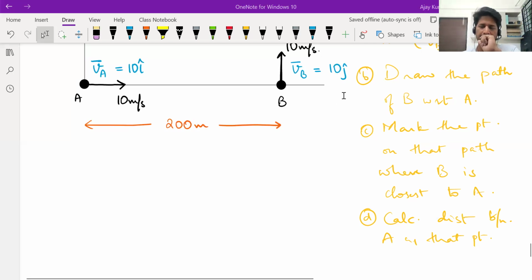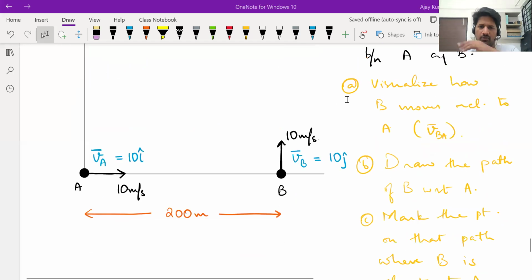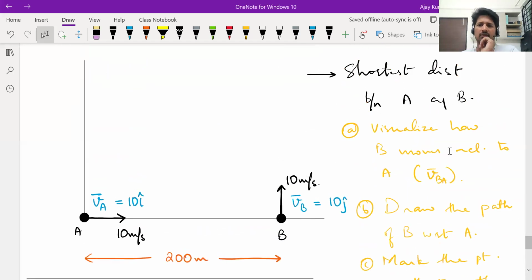First tell me, you know how A and B are moving. Do you think there will be a shortest distance, I mean a non-zero shortest distance, between A and B? Or will A and B actually meet and the distance between them become zero at some time?